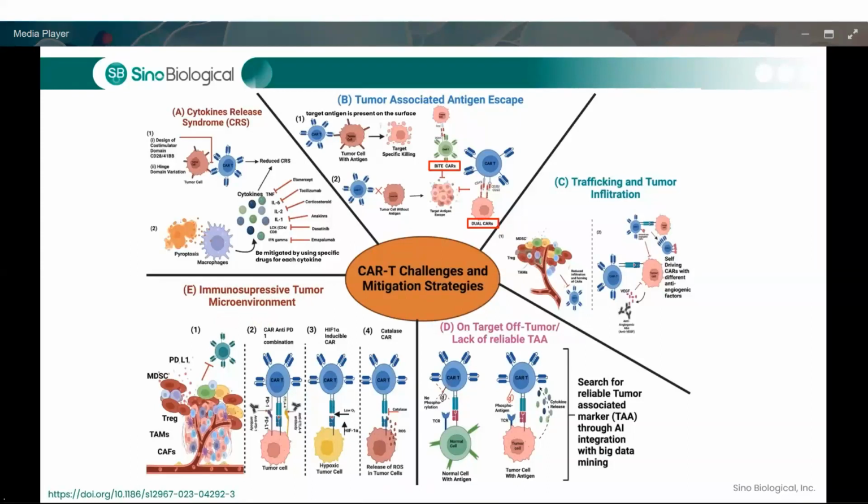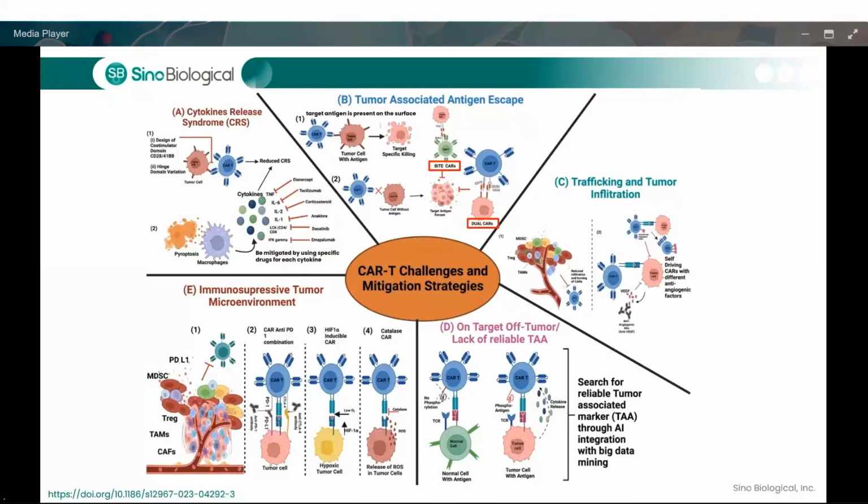Cytokine release syndrome is associated with the choice of the co-stimulatory domain as well as the length of the hinge domain. To overcome this, cytokines released by the macrophages during pyroptosis can be mitigated by using specific drugs to target different cytokines, as I listed here.